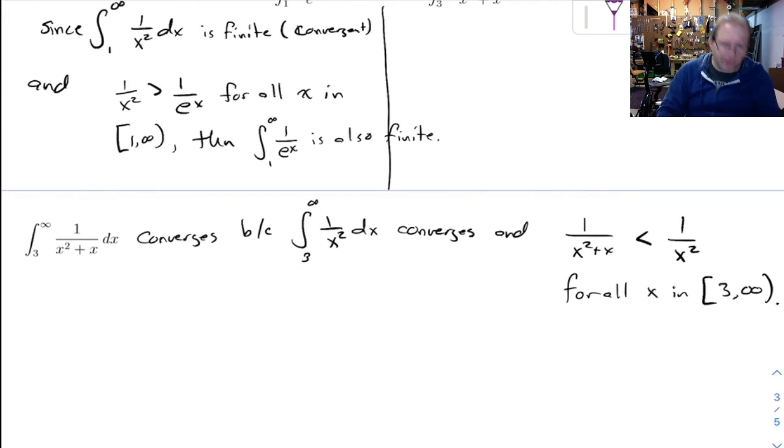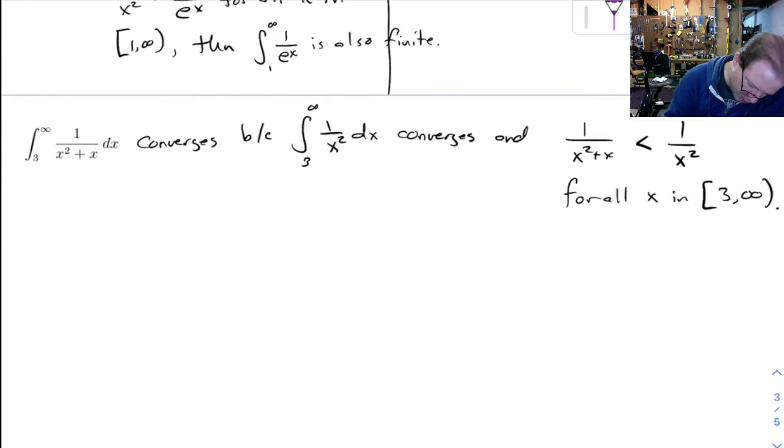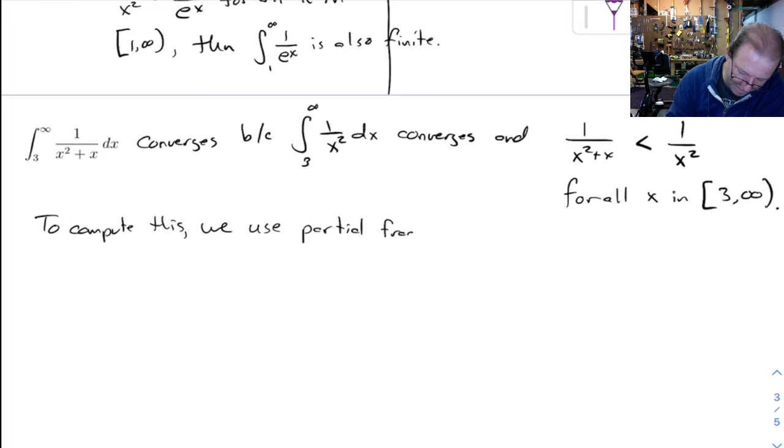Okay, could we figure out what this one equals? Yeah, absolutely. To compute this, what we have to do is use partial fractions. So 1 over x squared plus x, I'm going to factor that into x times x plus 1.